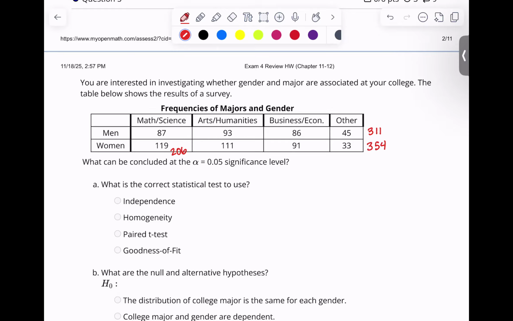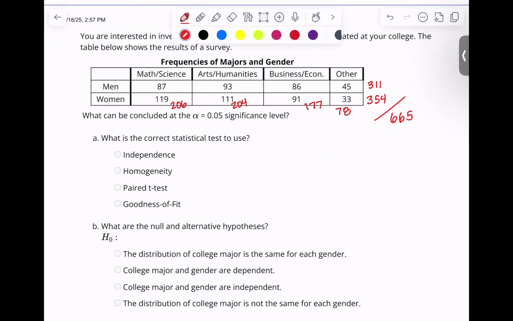For arts and humanities, I got 204. For business econ, I got 177. And other, I got 78. So the total, either sum the columns or sum the rows, you should get the exact same value. I got 665.